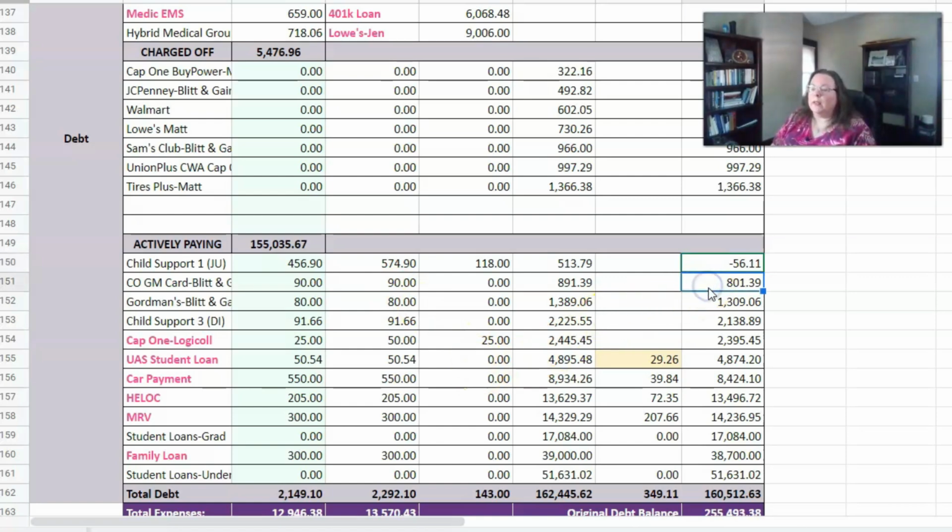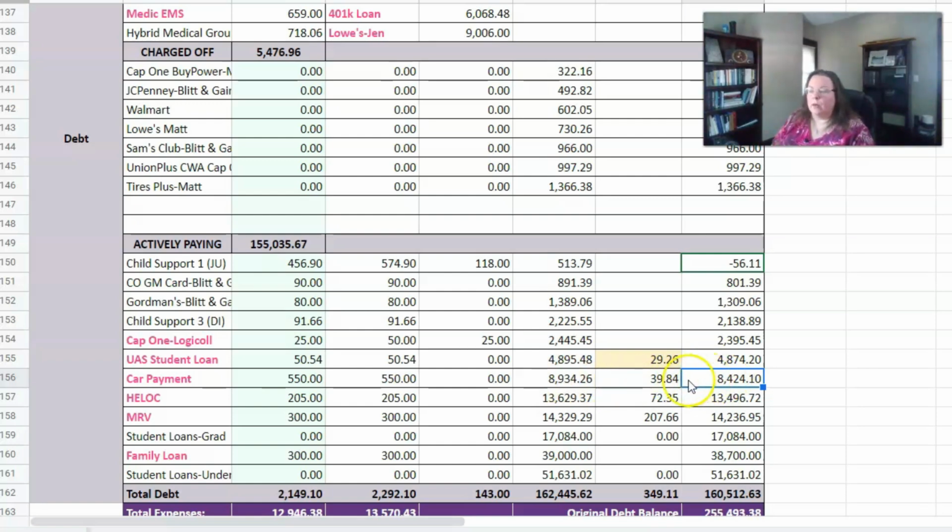So we have $801 left on this credit card, $1,300 left on this credit card, $2,138 left on this child support, which will be the last of the 3 that he was paying, $2,395 left on this credit card, and then $4,874 for the private student loan, $8,424 for the car payment. At this point, we're paying down about $510 a month, maybe a little more.